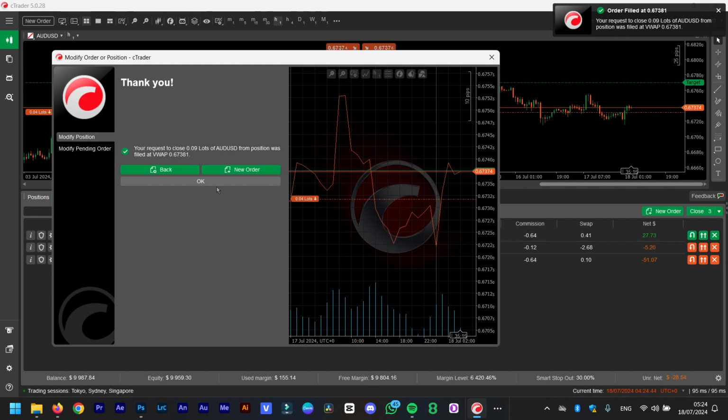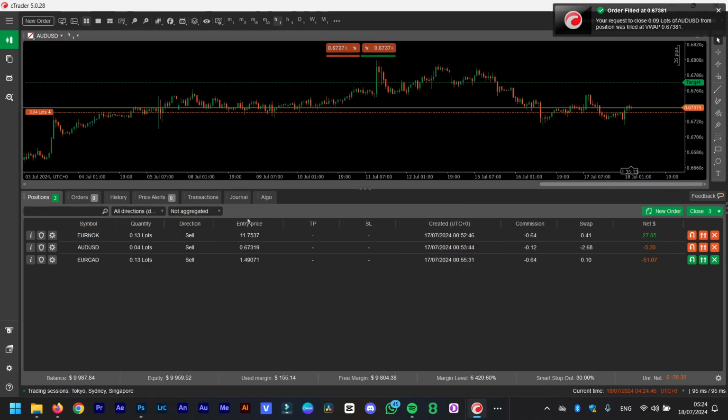As you can see, I decreased a few positions. And because I decreased it, now it's giving me $2 of swaps per day rather than the amount we were having before. I need to be careful with that.